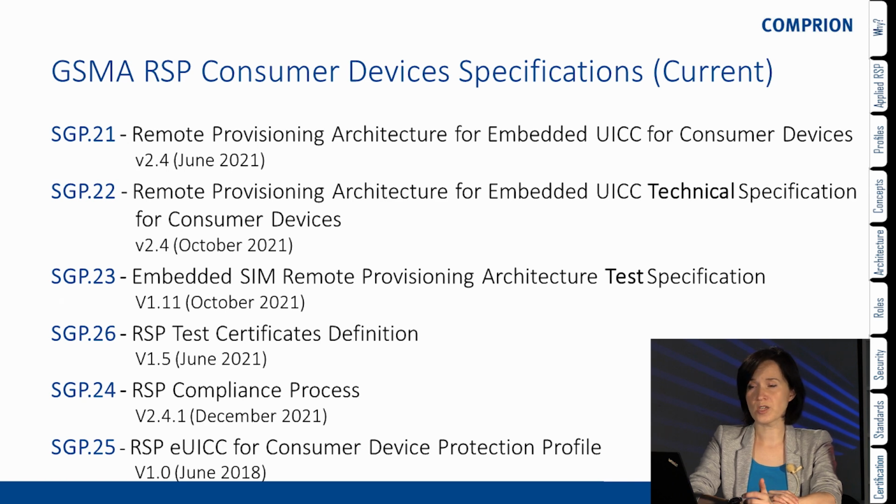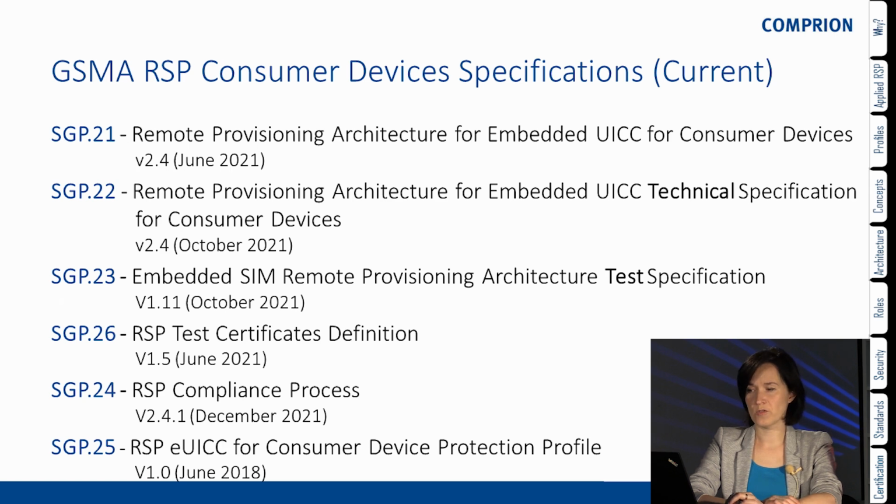In this specification, compared to the M2M one, it also contains the device test cases. So it's not only eUICC test cases testing the eUICC interface. By the way, the eUICC interface is testing for the removable eUICCs. Then there are device tests and server tests as well.